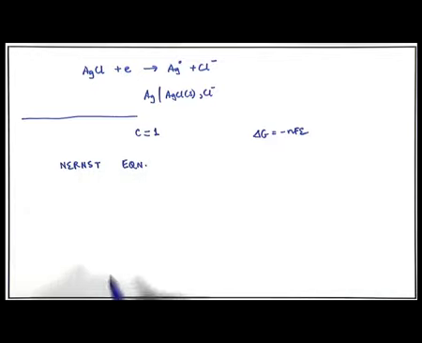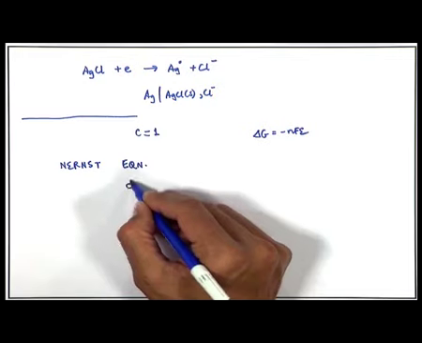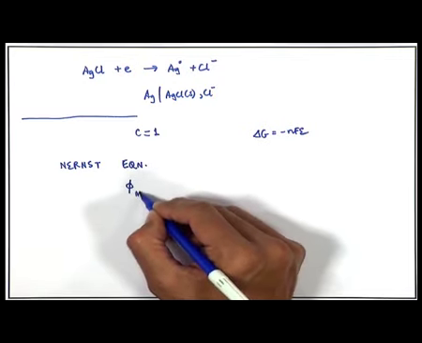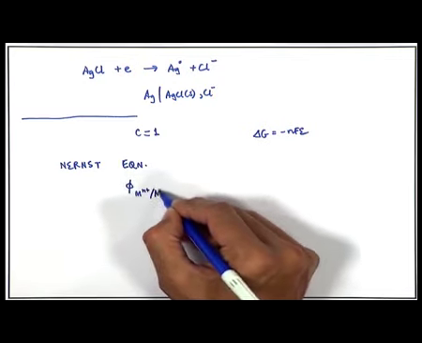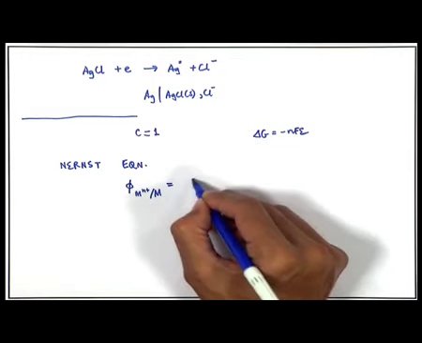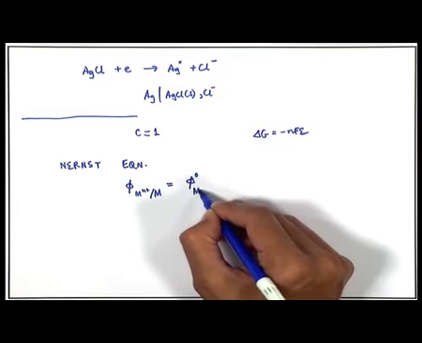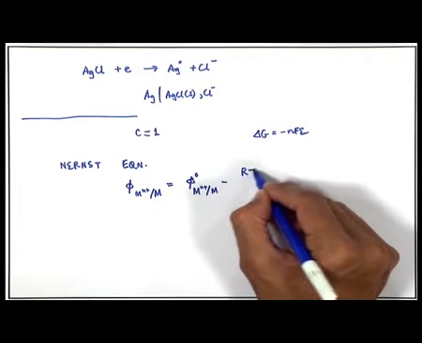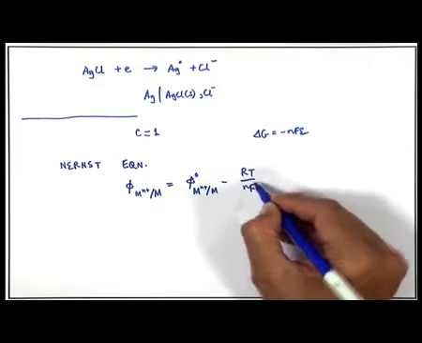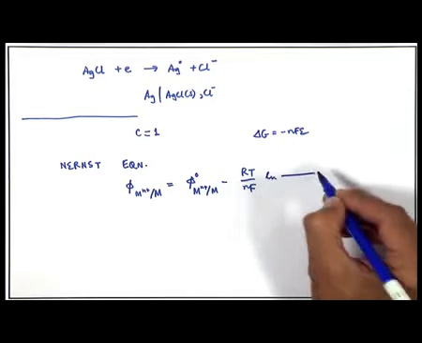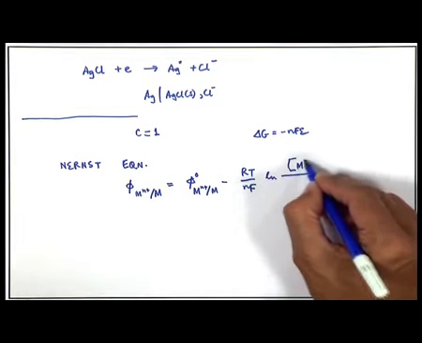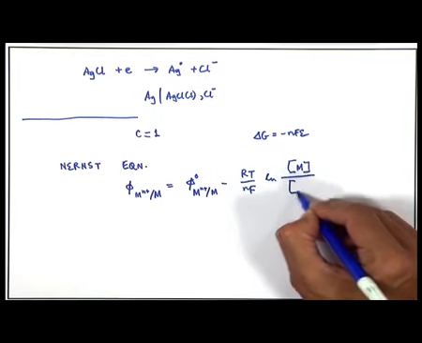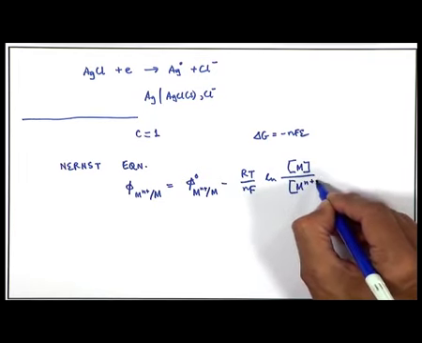For a half cell you can write: phi of M n plus M is equal to phi 0 of M n plus M minus RT by nF ln of the concentration of M divided by the concentration of M n plus.